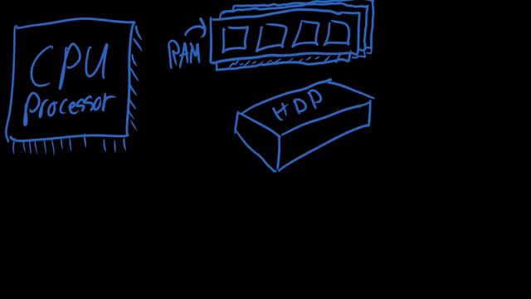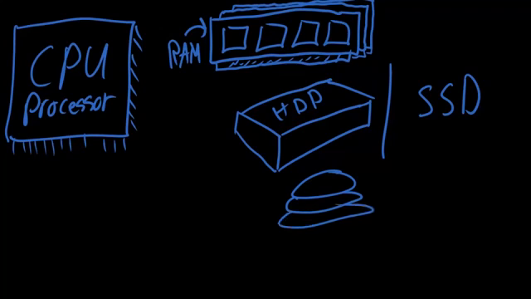Another common type of disk, instead of the hard disk drive, is the solid state disk, or solid state drive. SSDs is how it's commonly referred to. These things are super fast compared to the spinning platters that exist in the hard drive that are in here.